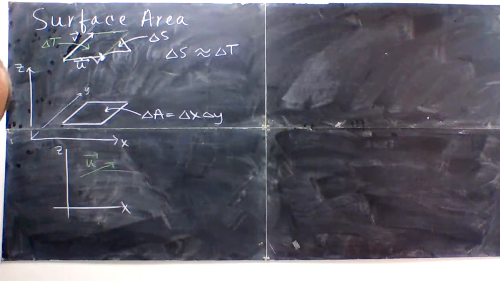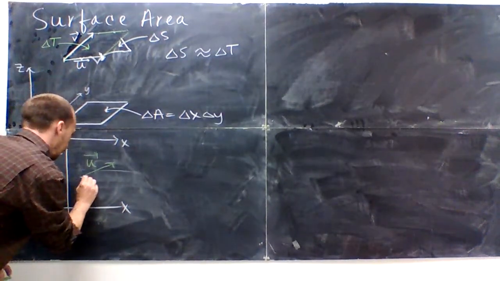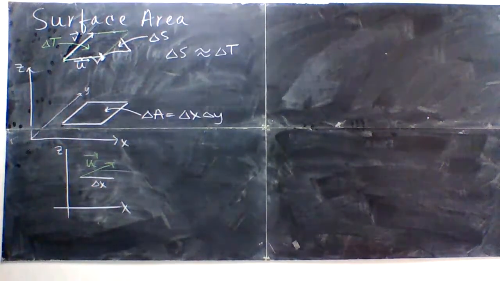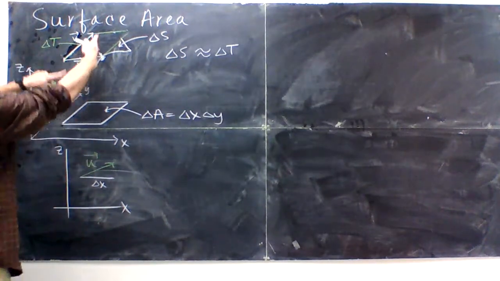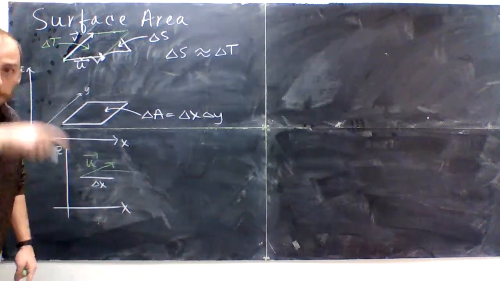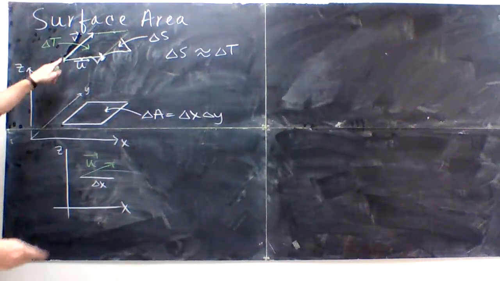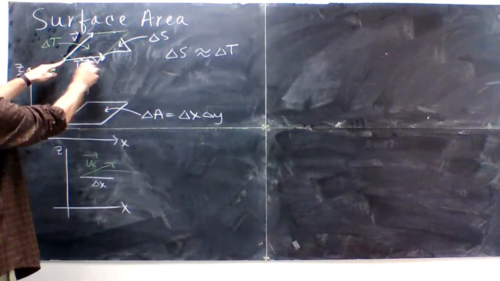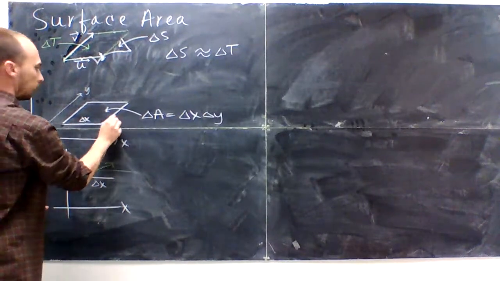All right, now what I'm proposing is that this width here is like a delta x. If you think about it, this is potentially tilted in some way depending on the nature of the curve. So that's where the partial derivatives are going to come in. This might be tilted up a little bit like I've drawn it here, but this distance is the same as this, which is delta x. This is delta y.